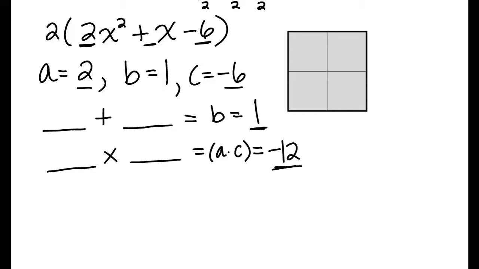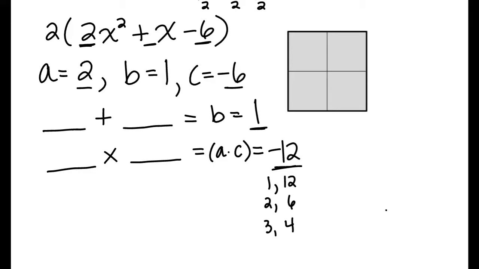So you want to find the factors of that negative 12. Factors of 12 are 1 and 12, 2 and 6, and a 3 and a 4. And they have to add up to a positive 1. Which of these 3 pairs can give me a 1? The 3 and a 4, right?